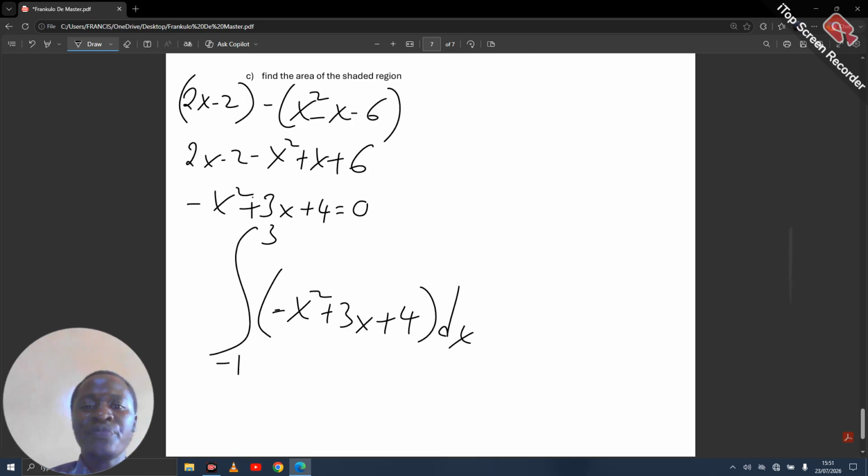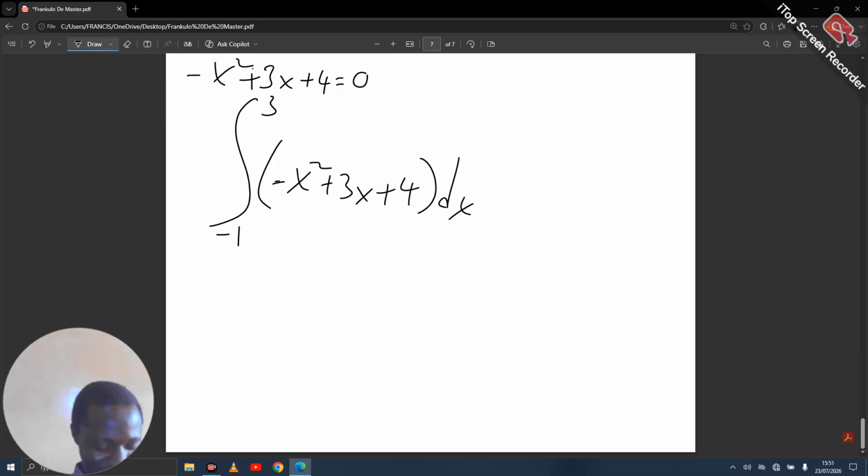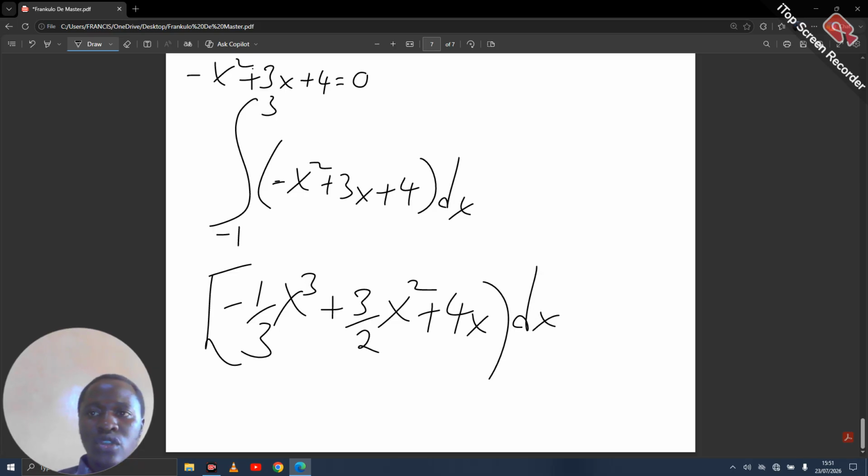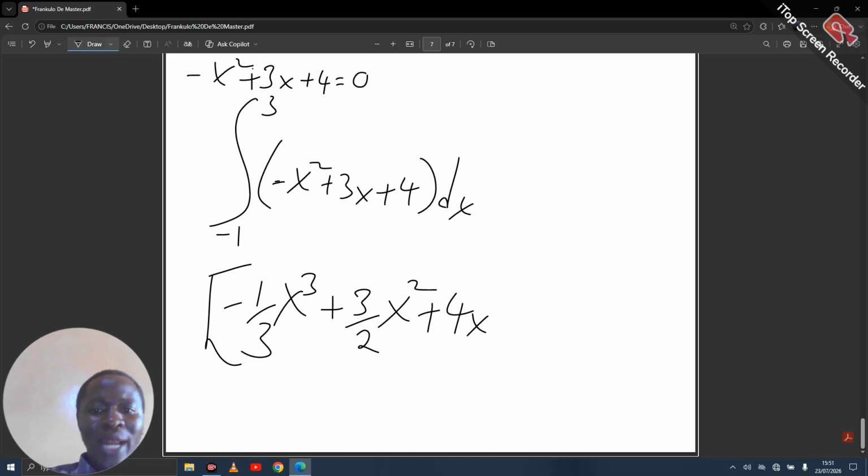Having this, integrate this. So we shall have negative 1 over 3 x cubed plus 3 over 2 x squared plus 4x, closed, from -1 to 3.